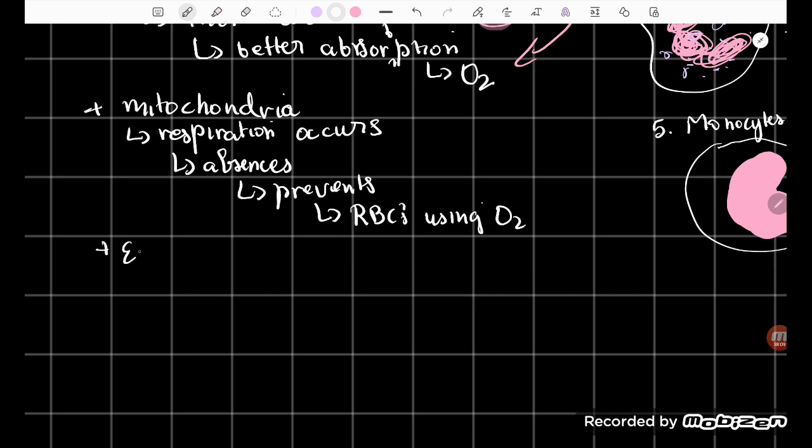And then it does not have endoplasmic reticulum, or ER. I'm writing that, reticulum, yeah.